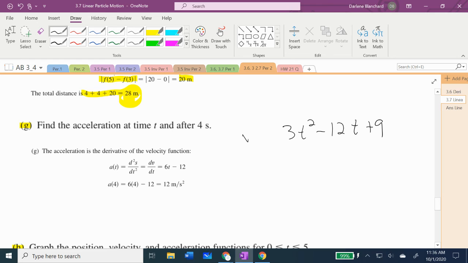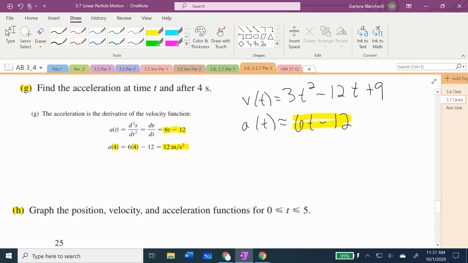So this is velocity. I need to get acceleration by taking the derivative. That means I have 6t minus 12. So that gives me the acceleration at time t. And then if I want to know the acceleration at time 4, all I do is plug 4 into the t, and out pops 12 meters per second per second.